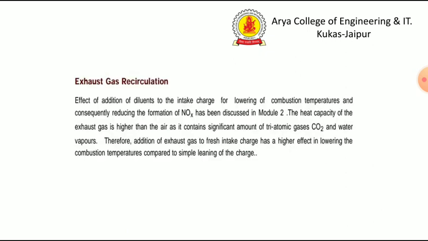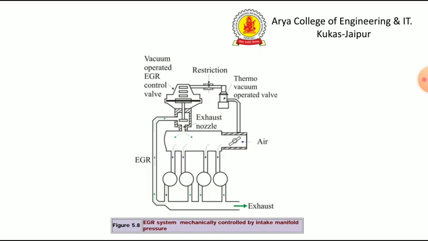Next is the exhaust gas recirculation system. The exhaust gas recirculation system works on the addition of diluent to the intake charge for lowering combustion temperatures and consequently reducing the formation of NOx emissions. The heat capacity of the exhaust gas is higher than that of air as it contains significant amounts of triatomic gases, carbon dioxide and water vapors.